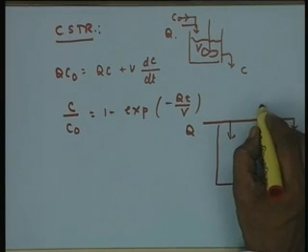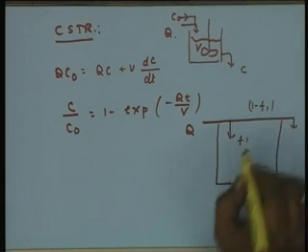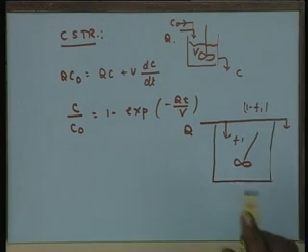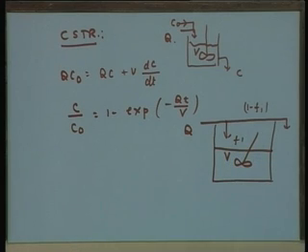Let us say F1 of the stream goes into the reactor of volume V, where it gets mixed, and the 1 minus F1 fraction is getting channeled or bypassed from the mixing pattern.